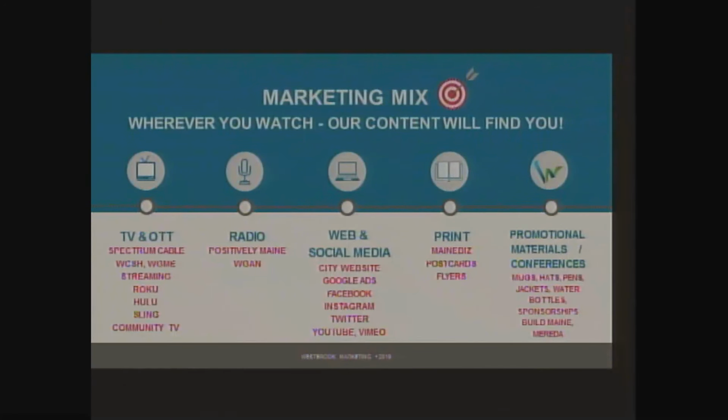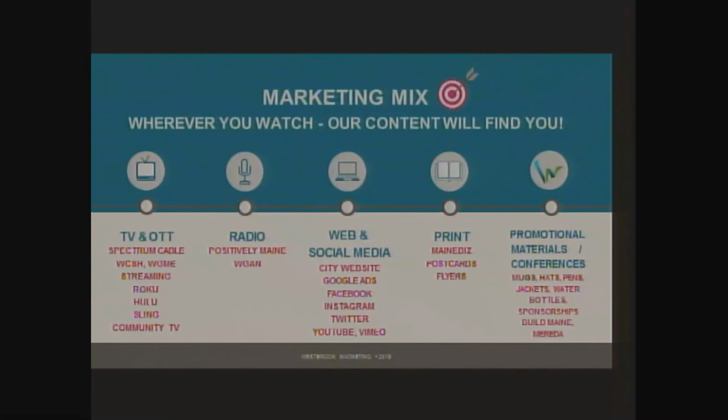Print media, I already mentioned, Maine Biz mainly, and then we do some in-house flyers to promote things like the parking and try to get that type of information out. And then promotional materials, we've started investing in that, trying to get that W out there with mugs and pens and sweatshirts and hats and things like that.